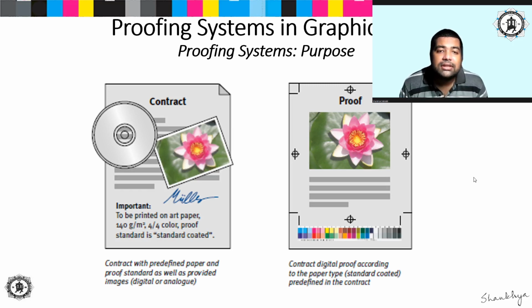The first thing that you do is to get a proof. After doing all the editing and all the things that you need to do in the pre-press, you get outputs for your proof. Now what is the purpose of such a proof? Now once you get the proof, you show this proof to your client and tell him that okay, see, this is my printer's capability, and this is what you're going to get after printing, right?